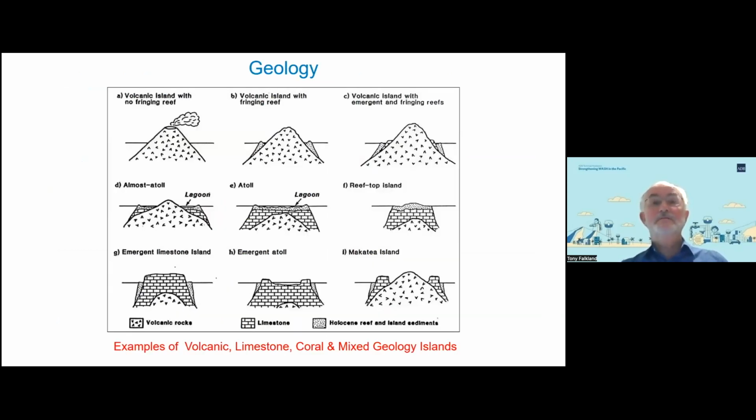And in this slide here, there are a number of diagrams that show variations in the types of geology, from volcanic islands that are still erupting to ones where fringing reefs have formed, through to atolls where the volcanic structure is below sea level, and to islands which are limestone above sea level with volcanic structures below. And there's quite a few other types which are shown in these 9 diagrams.